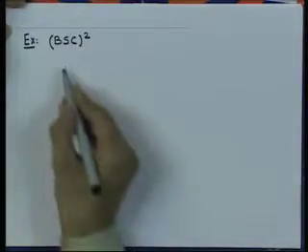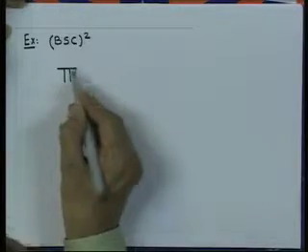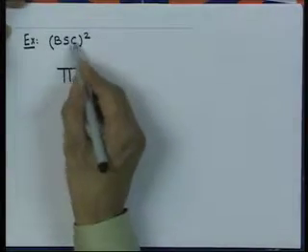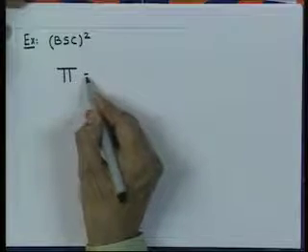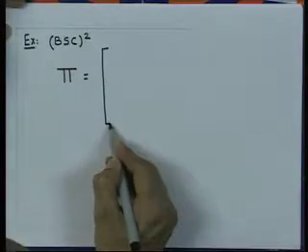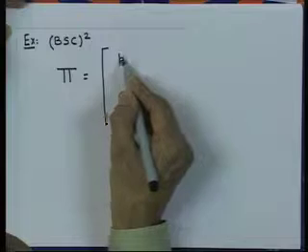So, we will indicate the second extension of the binary symmetric channel by this notation, and the channel matrix for this channel will be given as shown here.